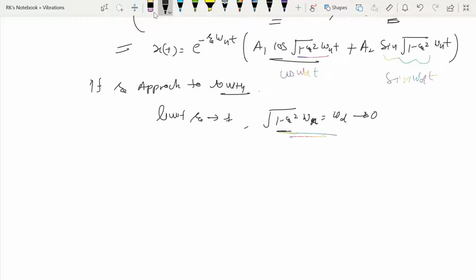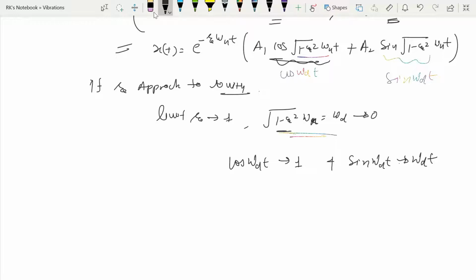Then cos omega d t will tend to 1, and sine omega d t will tend to omega d t, right? As we know, if theta is very small, then cos theta can be written as 1 and sine theta can be written as theta. So cos omega d t can be written as 1 and sine omega d t can be written as omega d into t.